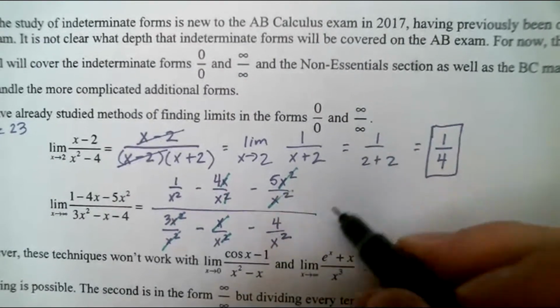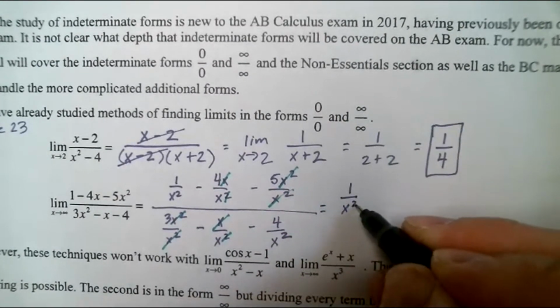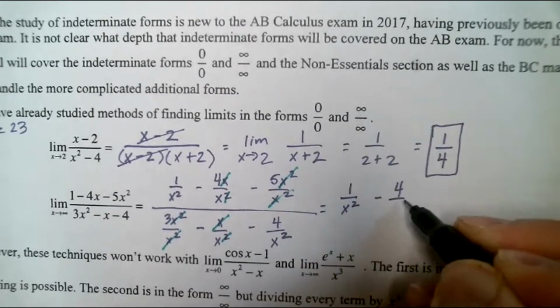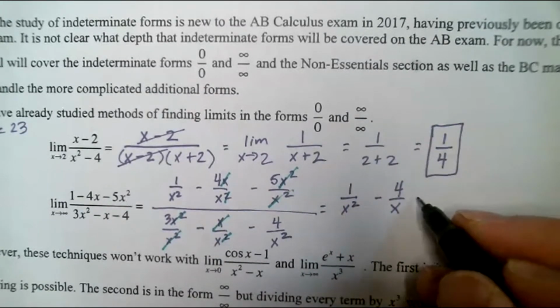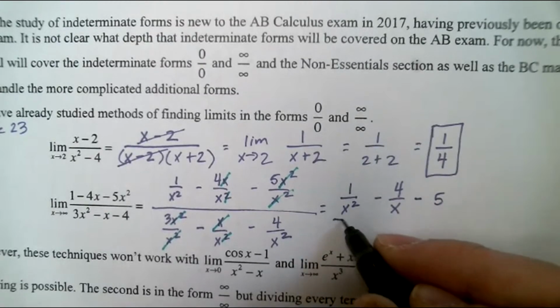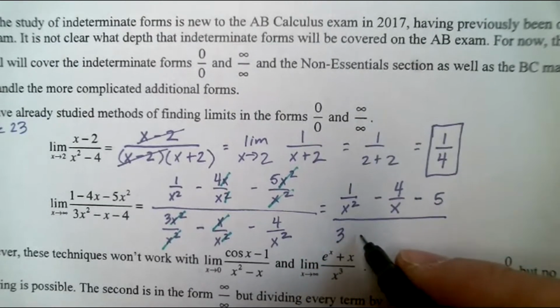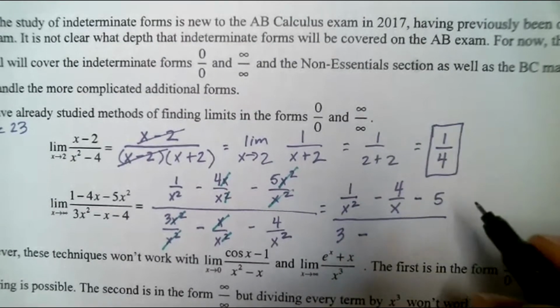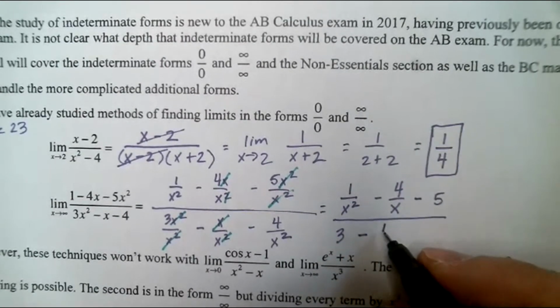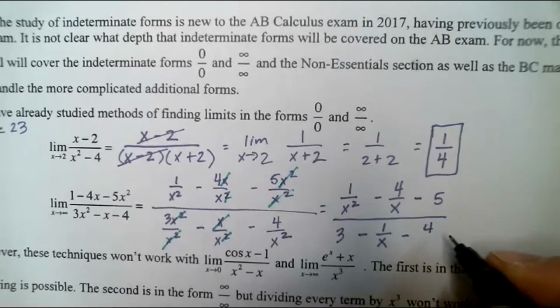So then that will lead me to this. 1 over x squared minus 4 over x minus 5, all over 3 minus 1 over x minus 4 over x squared.